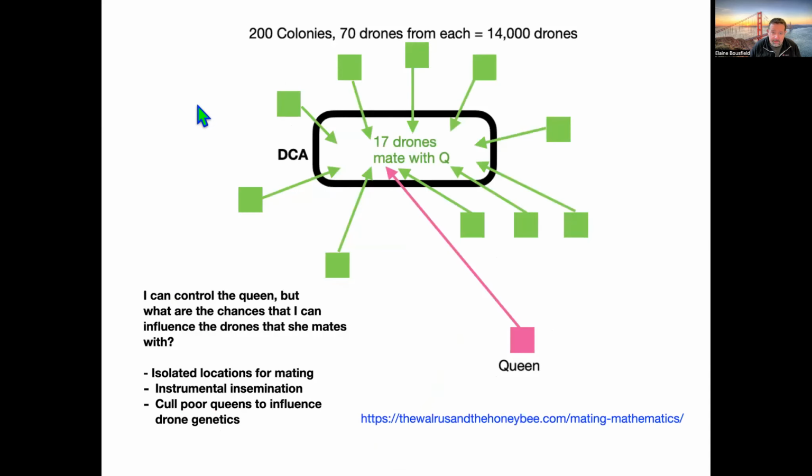And this is a typical sort of setup with numbers that I've seen from some research done, I think it was in the Hope Valley. But basically, you've got about 200 colonies providing drones to a drone congregation area. They got about 14,000 drones visiting there, and a queen comes along and mates with 17 lucky drones.